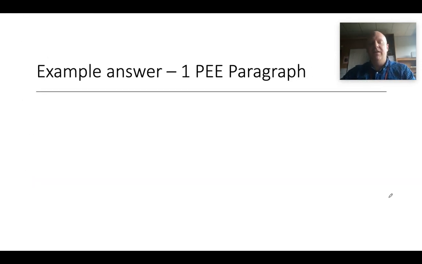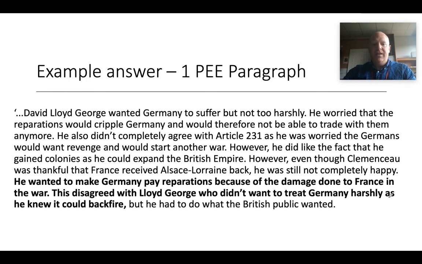So let's show you how we can get top marks. Well, remember, it's only 1 paragraph I'm showing you here. It will only get you about 6. But this is how you would structure it, okay? You can see now we'll go back to David Lloyd George. You can see he makes a point there. But then they directly link it with Clemenceau. However, Clemenceau, yeah?